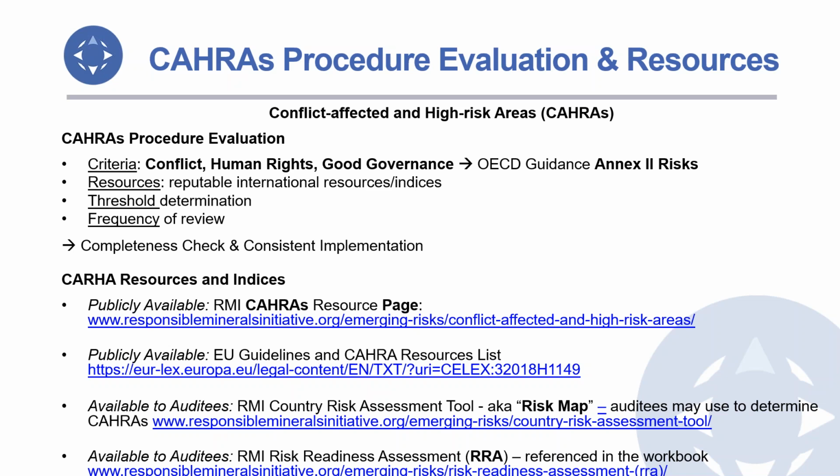And they have to articulate that in the procedure. Last but not least, they do have to articulate frequency of review. Some companies review their procedures on an ongoing basis, some do it quarterly, some do it annually. At the minimum, they have to review annually.